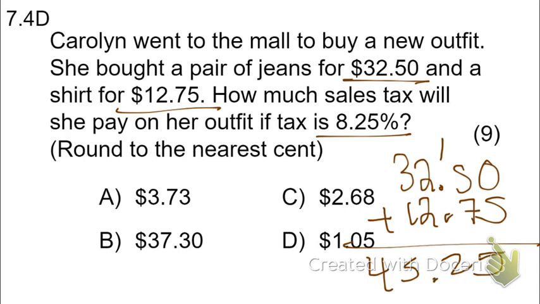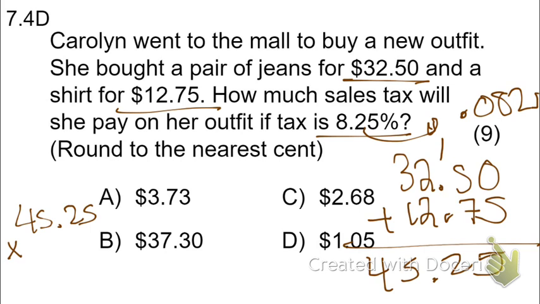So that's $45.25 before tax, and so 8.25% is the same thing as 0.0825. So you can just multiply 45.25 times 0.0825.